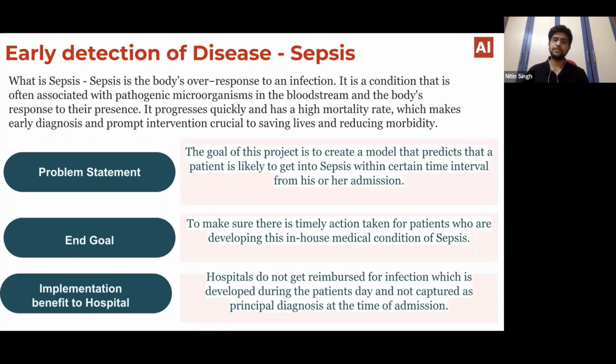So this is the business scenario of why hospitals are very eager to develop this AI mechanism, or early detection of sepsis model, in their hospitals. I hope you guys have been able to understand the use case.